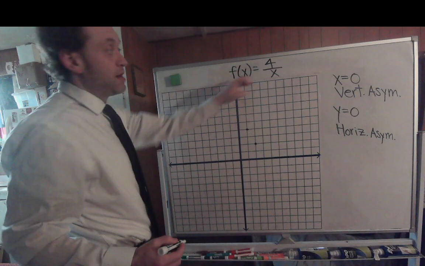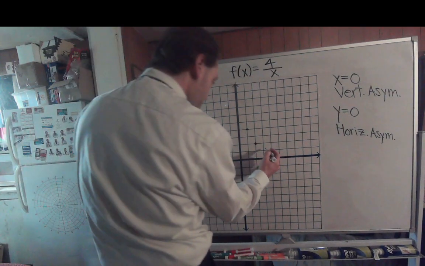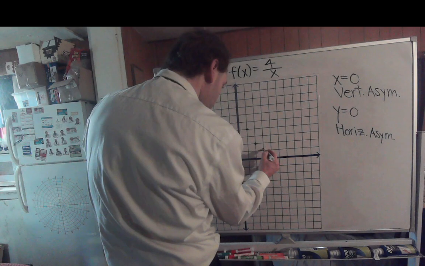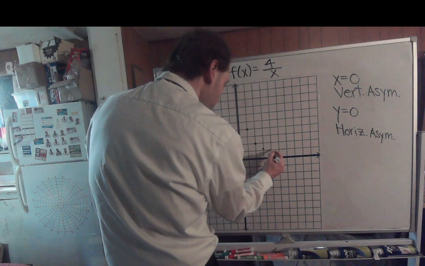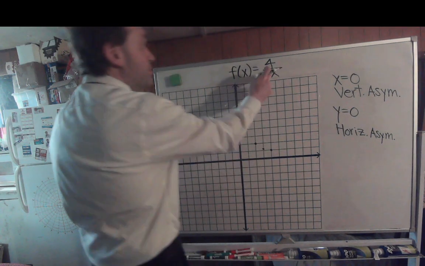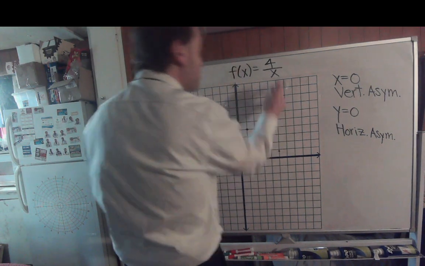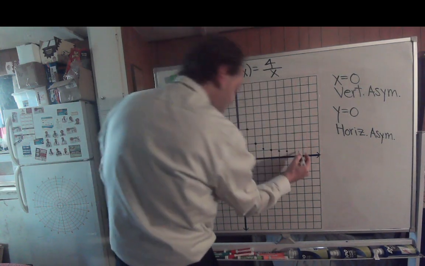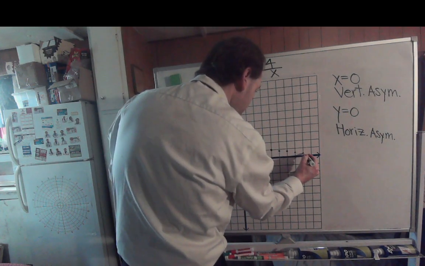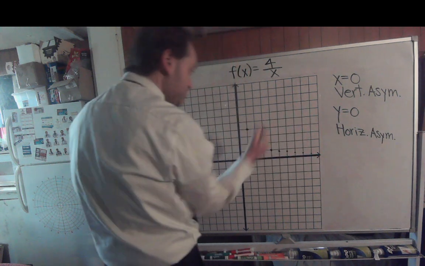Then 4 divided by 3, that's 1 1/3, so that'd be right about there. 4 divided by 4 is 1. 4 divided by 5 is 4/5, that'd be right about there. 4 divided by 6 is 2/3. Then you have 4/7. 4/8 would be about 1/2, and then 4/9. It just keeps getting smaller and smaller.